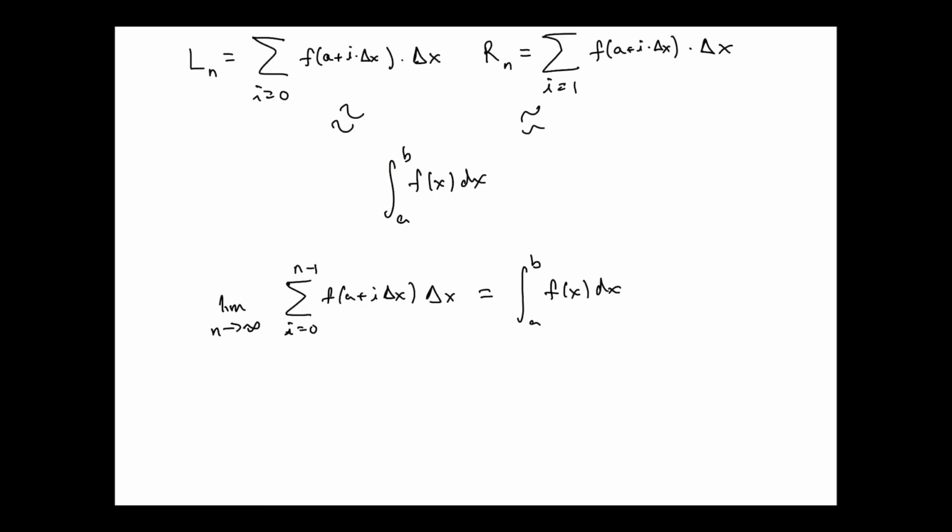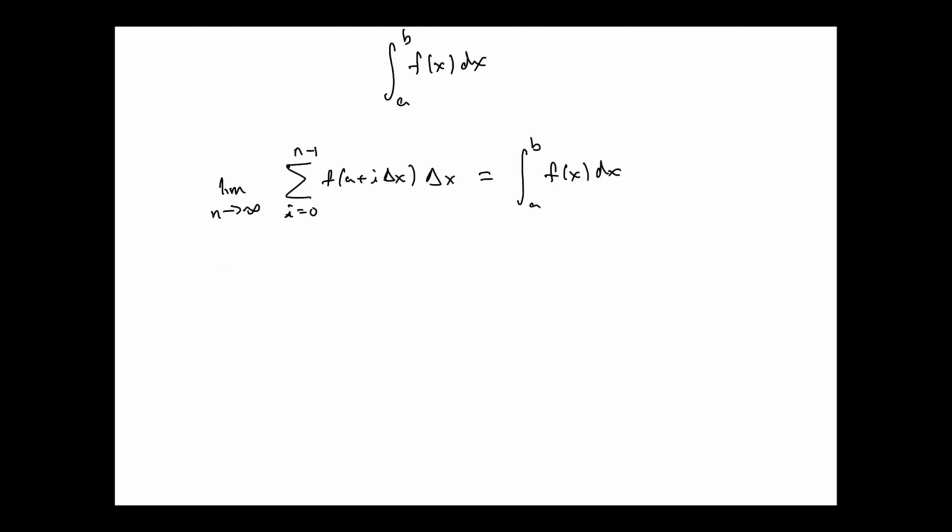For the sake of demonstration, I'm just going to choose f of x equals x, and I'll choose a equals 0 and b equals, somebody pick a number, 3. Whatever. You both picked the same number. Okay. So what I'm trying to find, of course, is this.